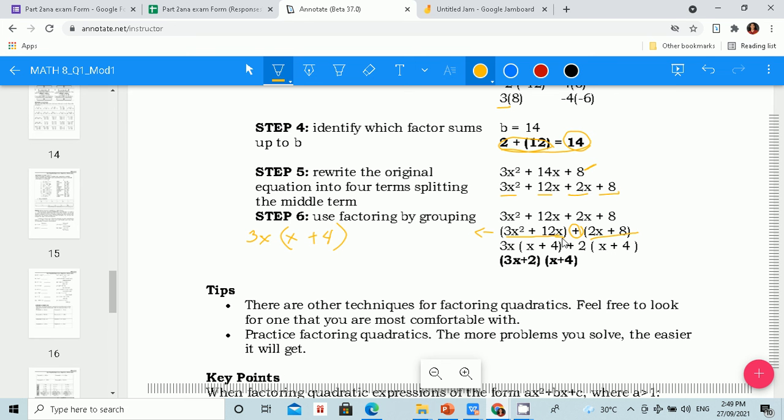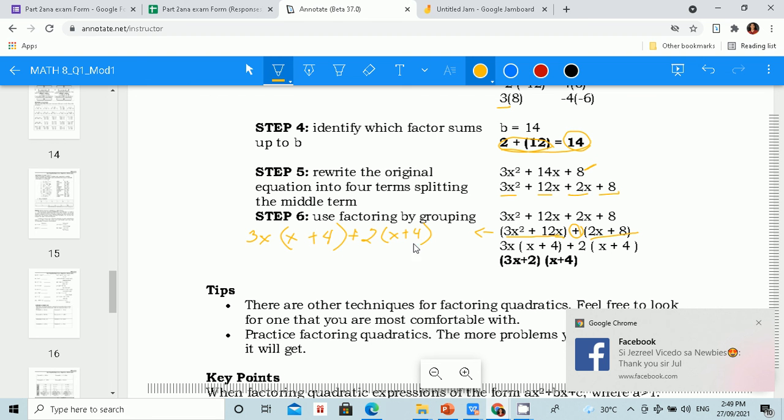So it's correct. Then what is the factor of 2x plus 8? That is 2. So x plus 4.